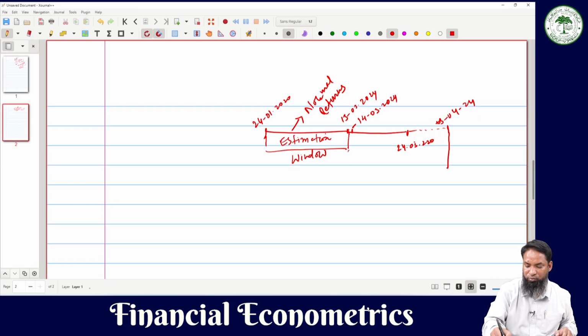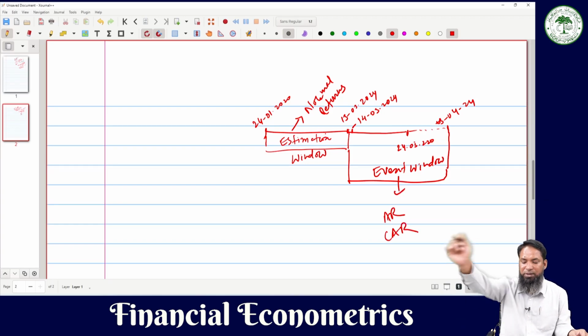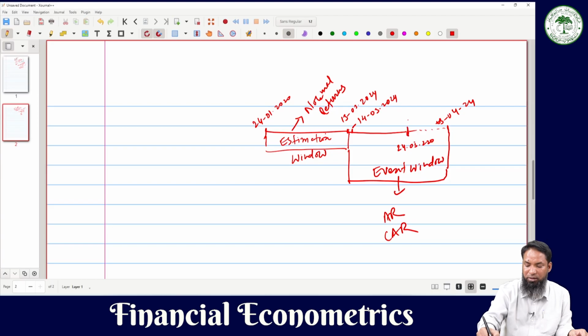So this is what we have as the event window. This will be used to calculate the abnormal returns and the cumulative abnormal returns. So that's the study we have, and here we have the event date.